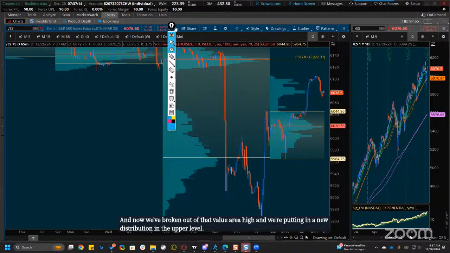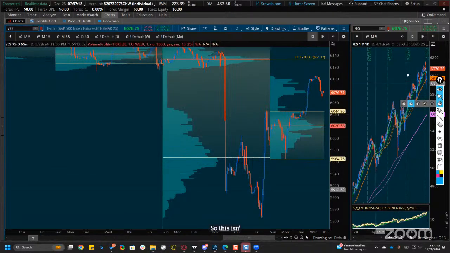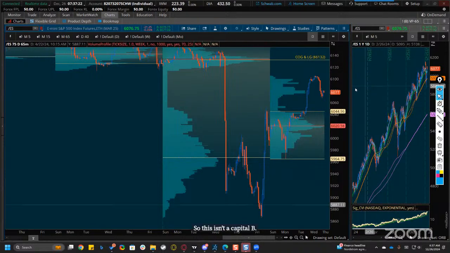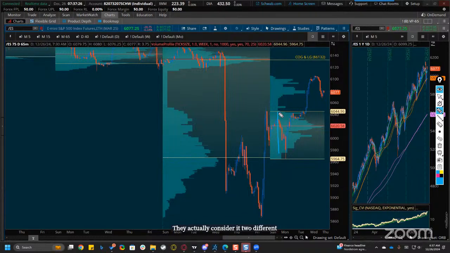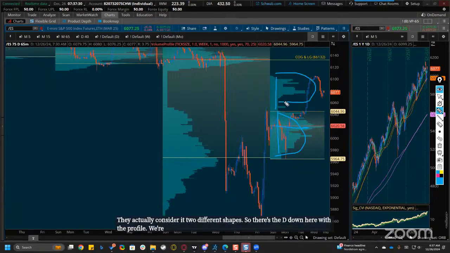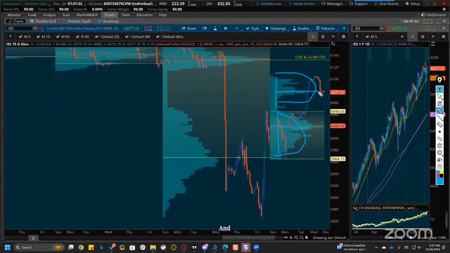So this isn't a capital B. They actually consider it two different shapes. So there's the D down here with the profile. We're building a new D up here, and we'll likely put in a new point of control up here.